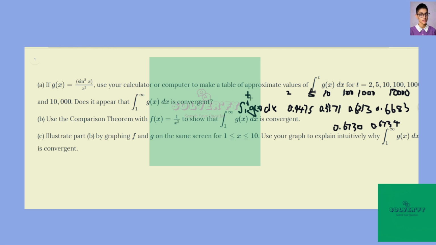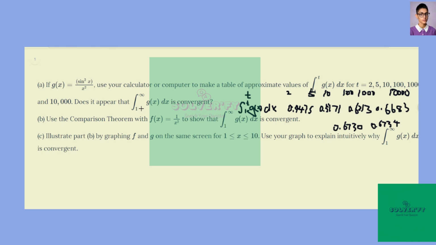By computation, when t is equal to 2, 5, 10, 100, 1,000, and 10,000, the integral of g of x from 1 to t is equal to 0.4475, 0.5771, 0.6213, 0.6683, 0.6730, and 0.6734.